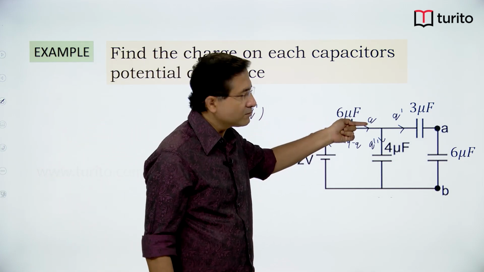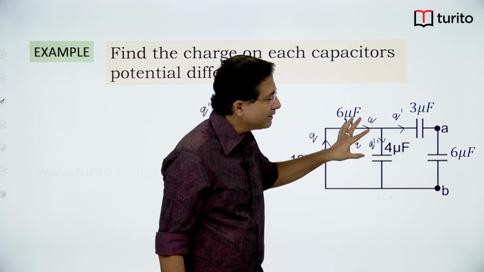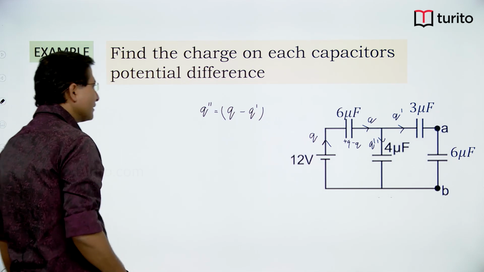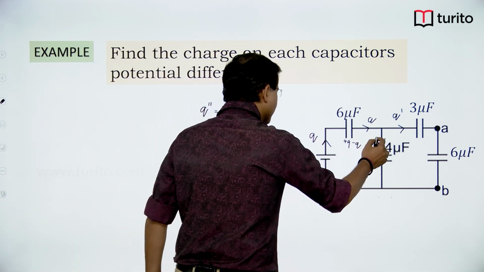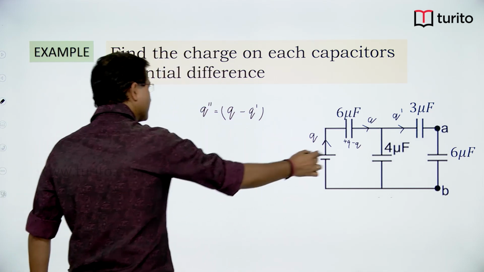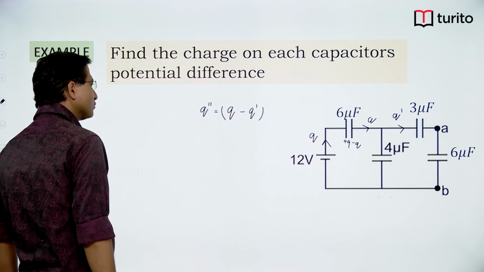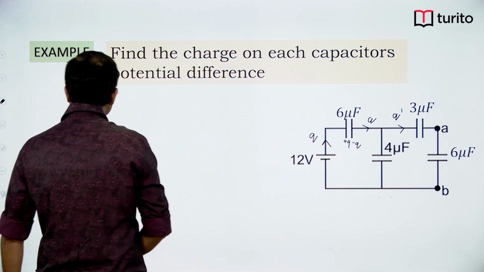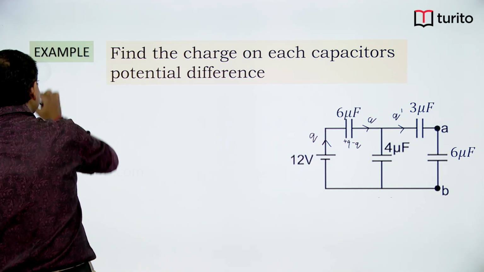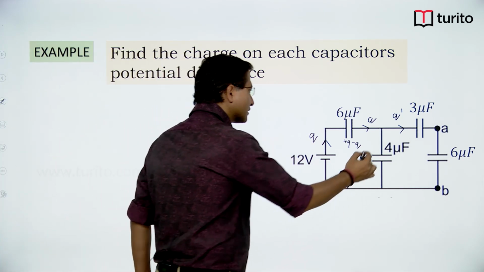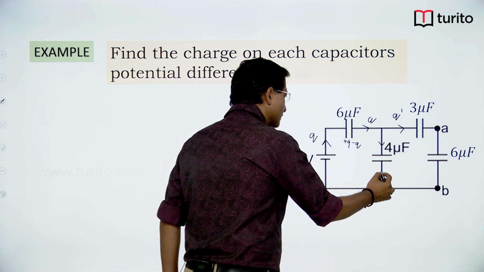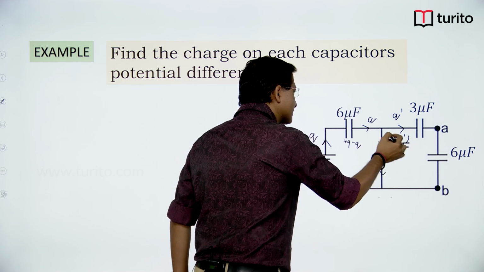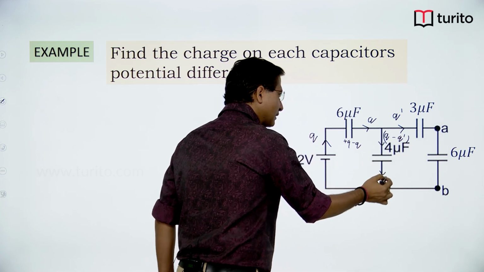So while solving a circuit, I won't be doing this again and again. Here Q comes, Q dash goes, the remaining I will directly write, so that there will be fewer variables appearing on the diagram. So, this much charge flows through this branch. I will directly write this over there. So, the charge coming to this one is Q minus Q dash, whatever comes in that goes.